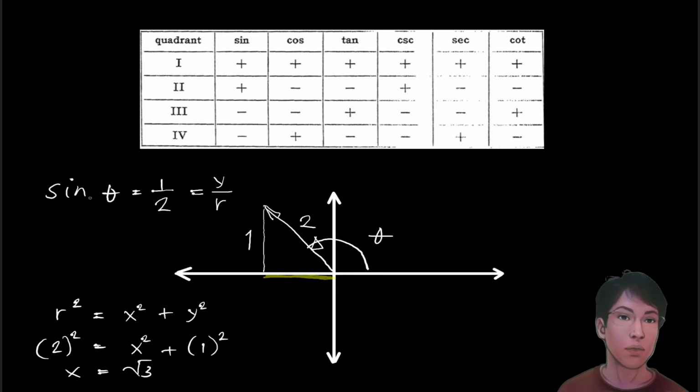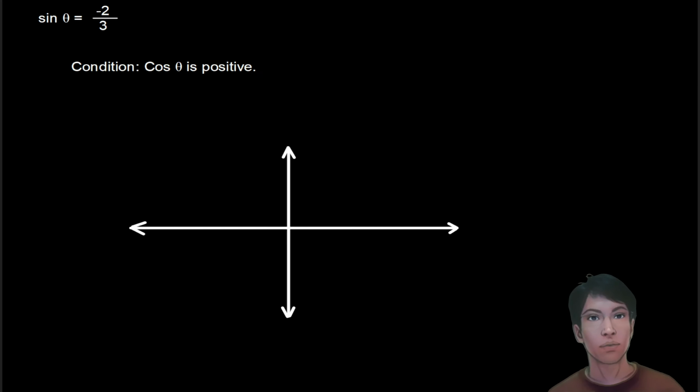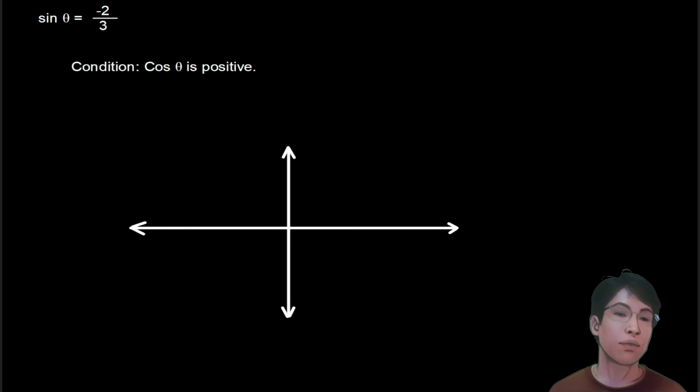So in this example, sine theta is equivalent to 1/2, but it falls on the second quadrant. All right, so this time let's evaluate sine theta given negative 2 over 3, and the condition this time is that cosine theta is positive.